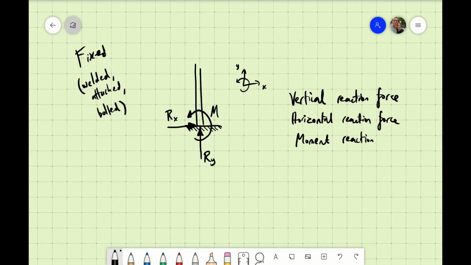You could call it R subscript M. You could even call it M subscript Z to show that the axis of rotation is coming out of the page right at you. But the point is that you label it with an unknown amount. So this all says that if I start applying loads, if I start shaking on this thing, pulling on it, those are the three that can develop in our two-dimensional analysis to stop me.